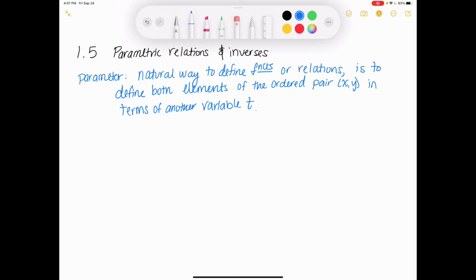So these functions will have x and t, y and t in them. That's what that means.